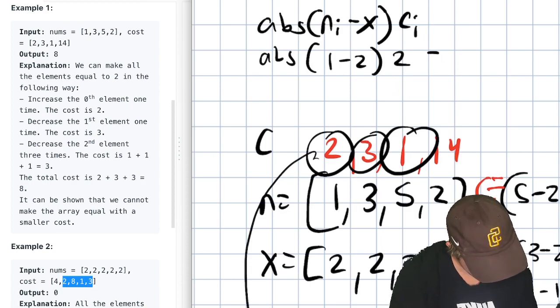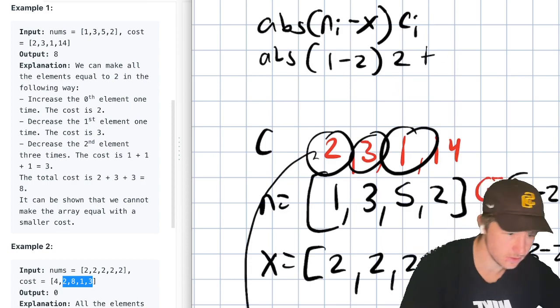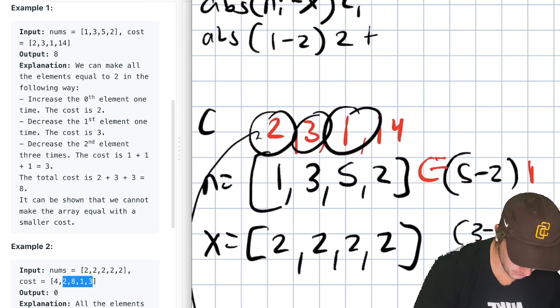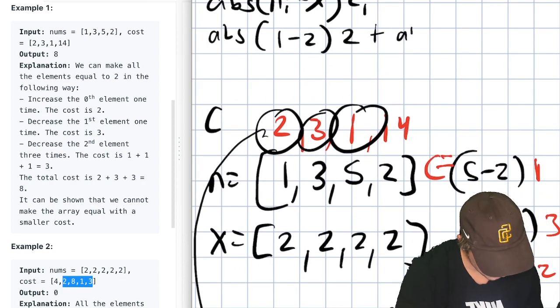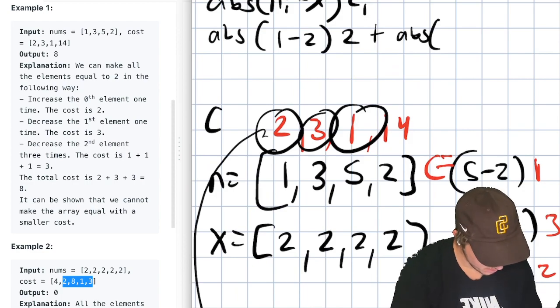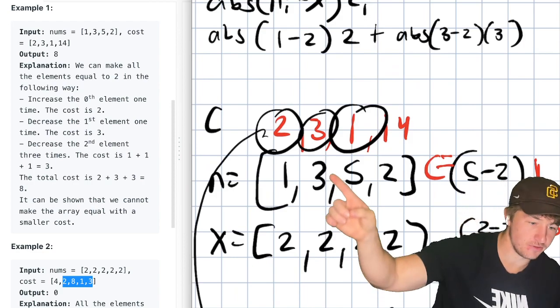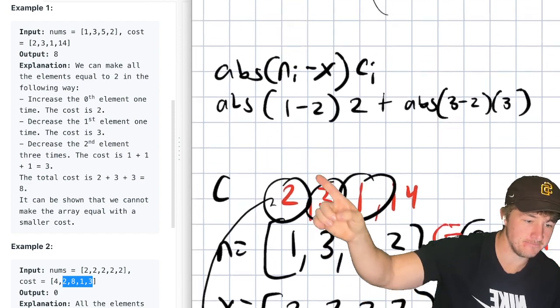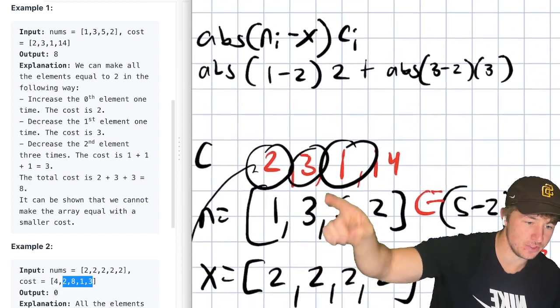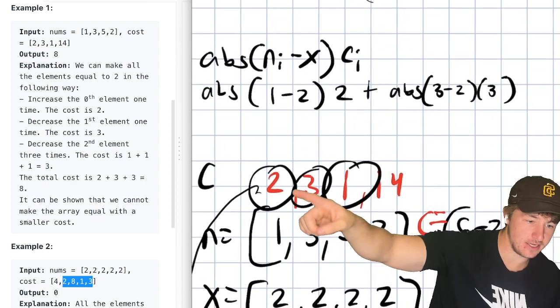Okay, for the next one, we have the absolute value of 3 minus 2 times 3, because that's the price, right? So 3 is the number, 2 is the x value we're finally ending up at, and the cost is 3.